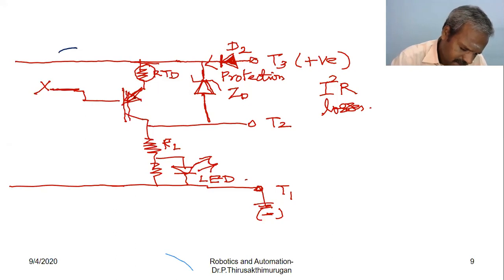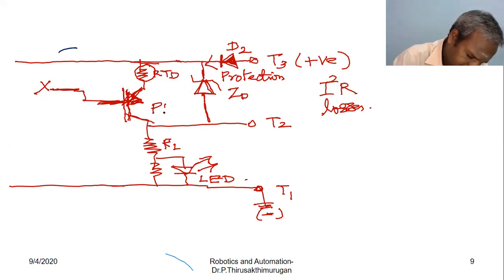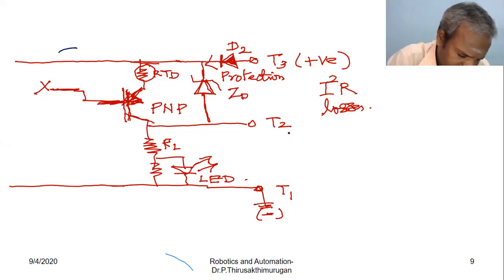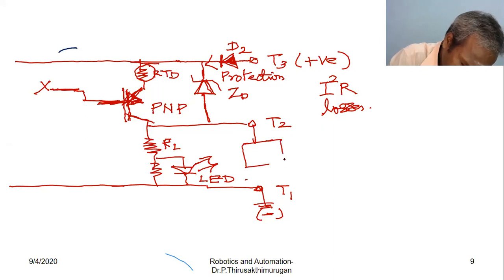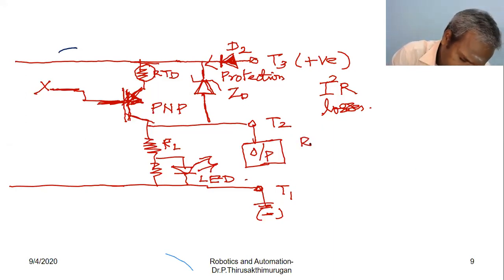This is a PNP transistor. PNP transistors are normally called sourcing transistors. The PNP transistor is in the output stage. So our output device, either a relay or anything else, we can connect at this stage. It may be an alarm, a relay.